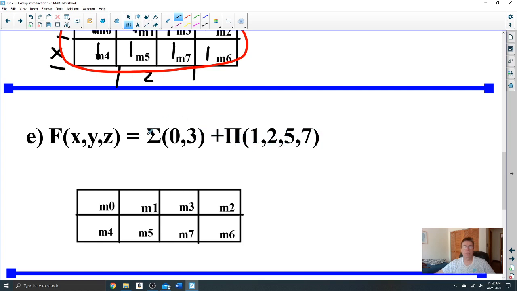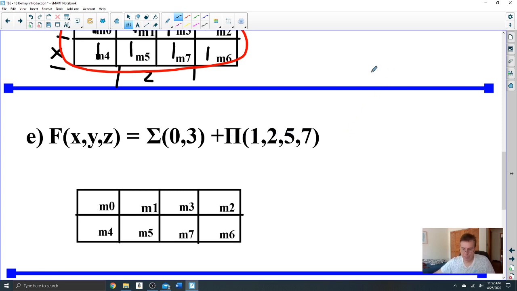You cannot change this term into product of max terms and add it to this product of max terms, because products of max terms are products. That means there has to be product times product, not product plus product. So if you have this main operator plus, this has to be changed into sum. Sum of min terms plus sum of min terms, yes, that can be done.